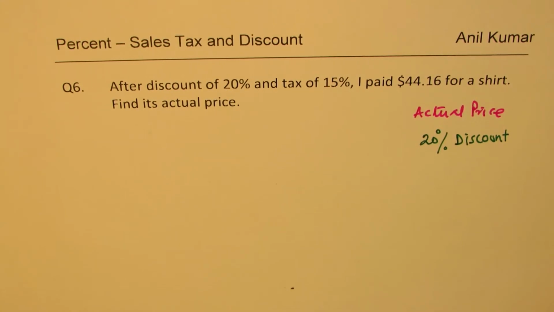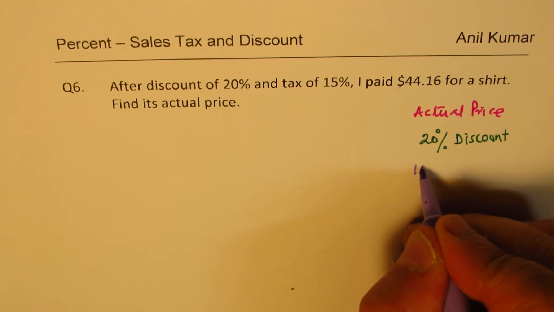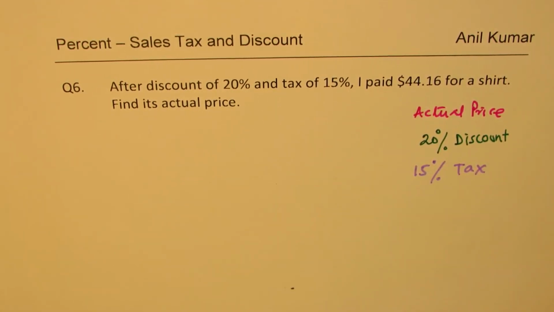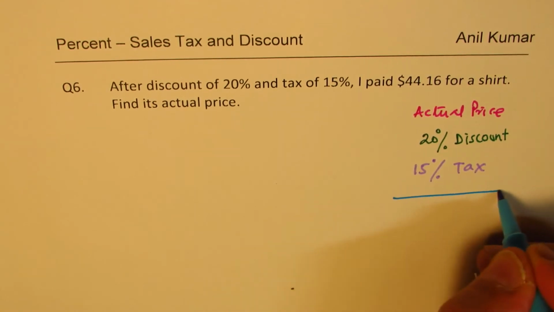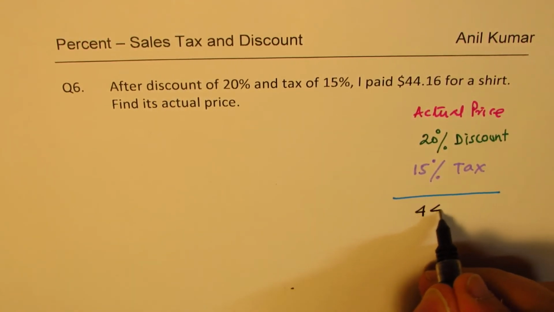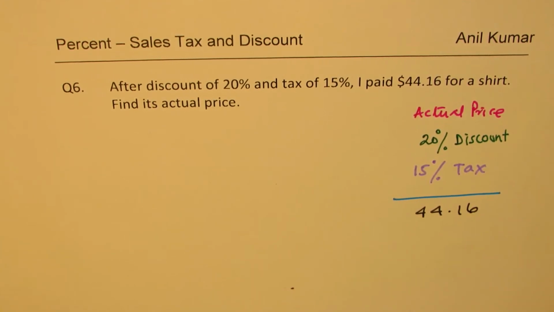And on that discounted price, we are going to have 15% tax. And once we add them all, what we get is 44.16. So what we need to do is step by step go up.